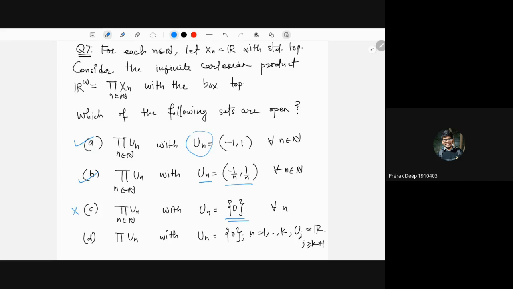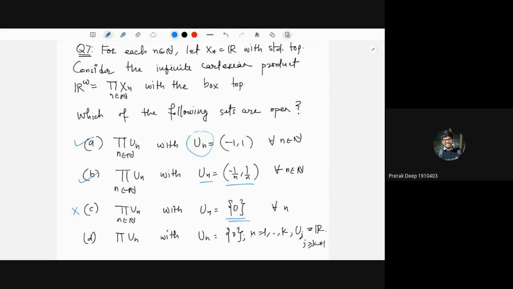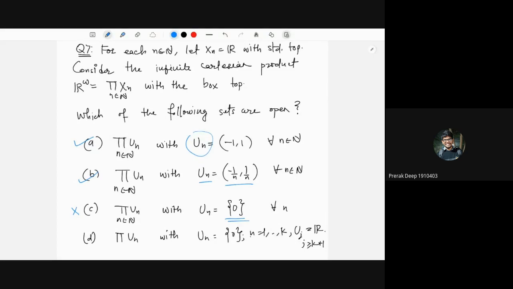All of them need to be open sets. It shouldn't be that some of them are open and some are not. So this is not true.